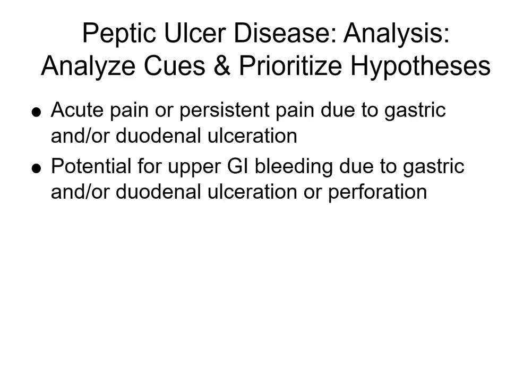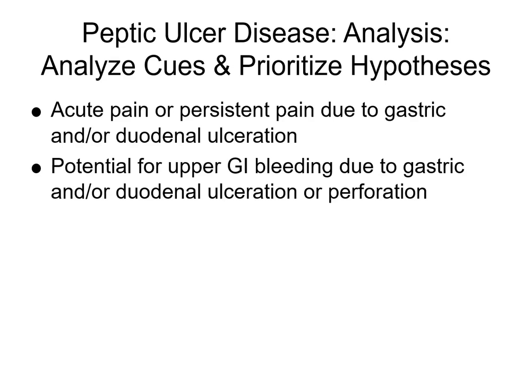Now on page 1102, when we think about the analysis and the problems that the patient with peptic ulcer disease is going to have, there are 2 main ones, and they're here on the slide.